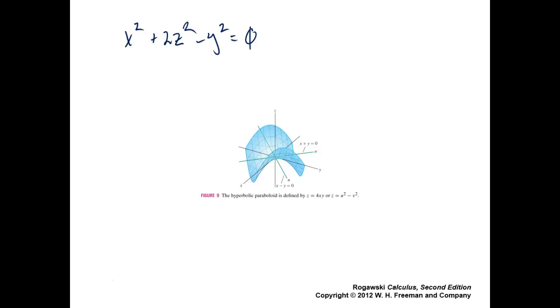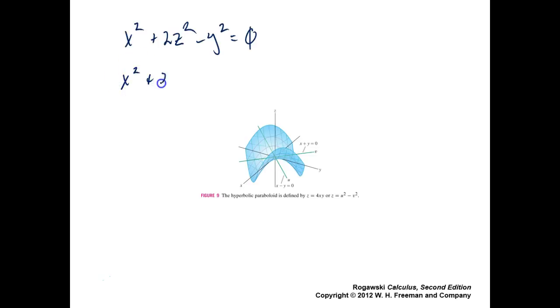Use traces to determine and graph the quadratic surface given by that equation. It says don't go back to the formulas. I'm really not. But I'm going to add the y squared to both sides. That helps me see the traces.